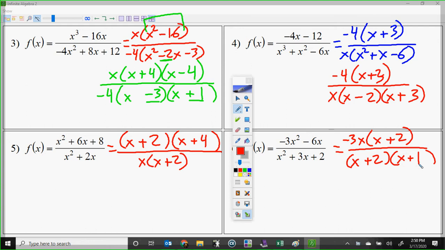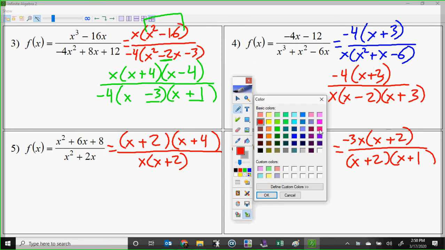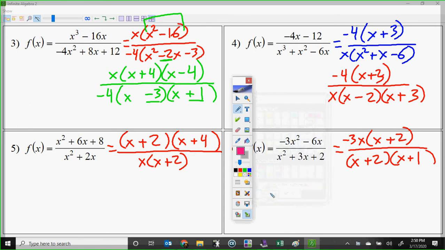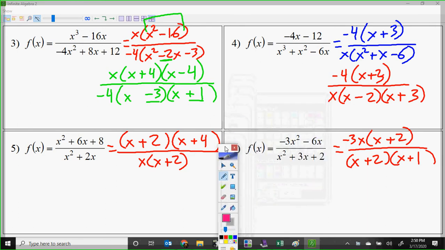Now we can get to each of our parts. So what I'm going to do is go through and say, well, the holes. How do I find the holes for each one of these? Well, to find a hole, I'm looking for what cancels out. Let's look at number 3.